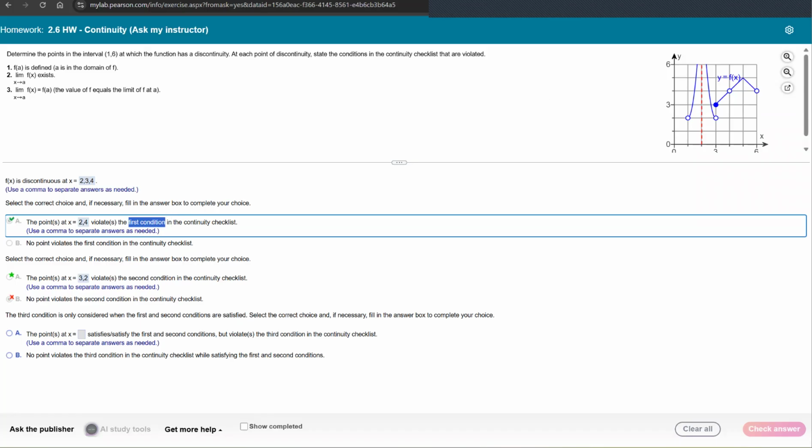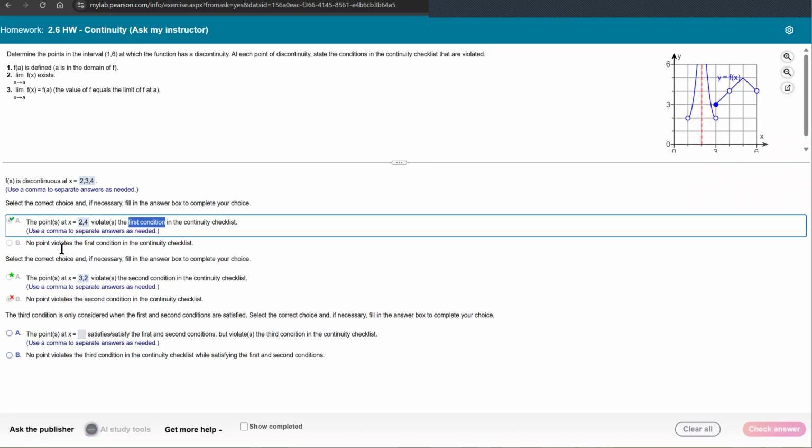Notice our function is not defined at 2, so x equals 2 fails that criteria. The function is defined at 3. F of 3 is 3, so that's not failing condition 1. F of 4 is undefined, so that does fail condition 1. So we would answer 2 and 4 for that.